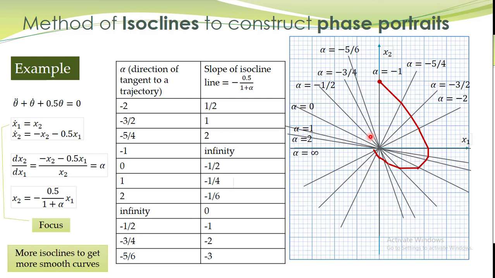However, that will be at the cost of more computations. Anyway, the objective of presenting this approach was to give you an insight to that approach. In practice, you will always be using MATLAB and other computer algorithms to plot phase portraits.